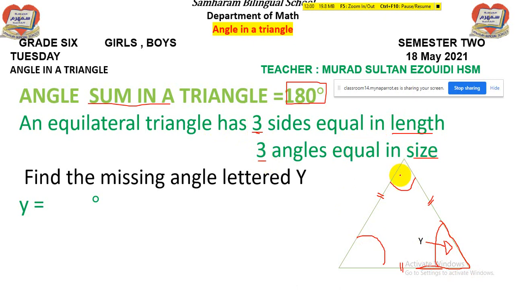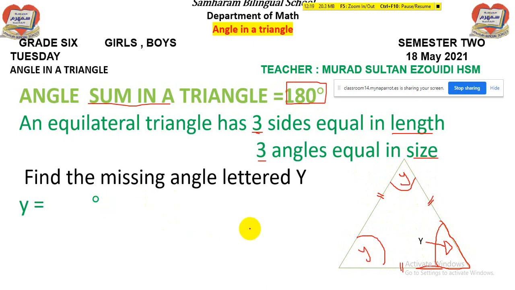Means if this is 50 degrees, this is also 50 degrees, this is also 50 degrees, but the total of these 3 angles should be equal to 180. This one is labeled y, also this one is y, because we have 3 angles equal in size.